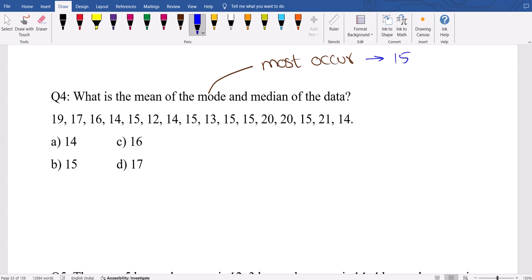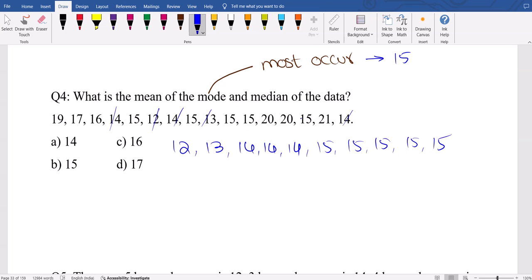But for calculating median, we need to put this in ascending order. So 12, 13, 14 is there 1, 2, 3 times. 15 is there 5 times. Total how many terms? 5, 10, 15, 16.